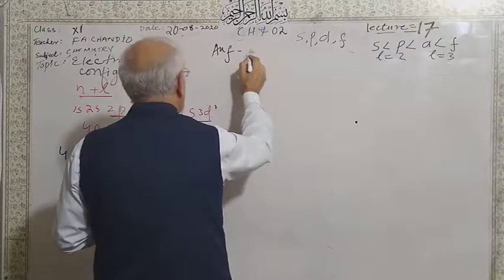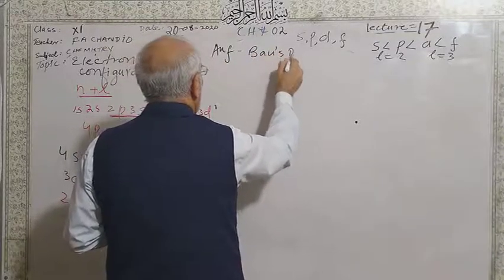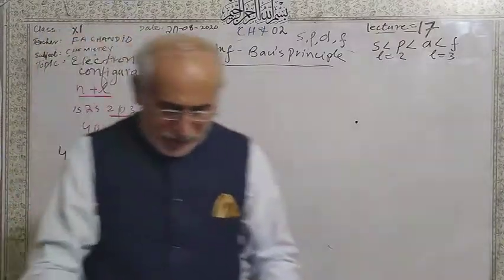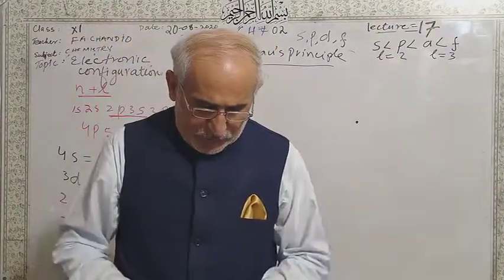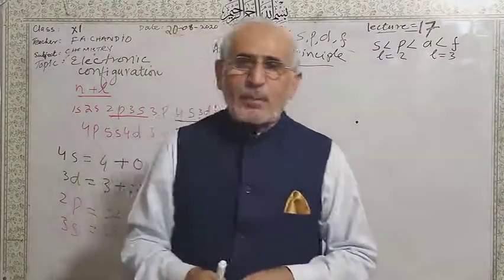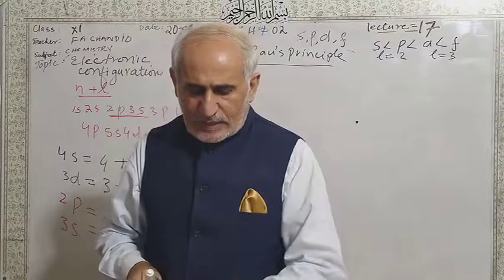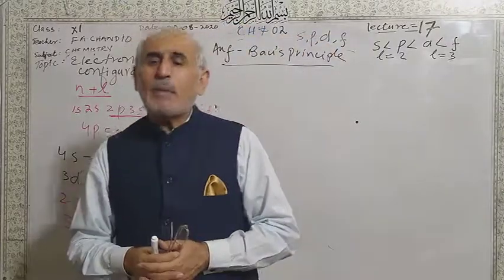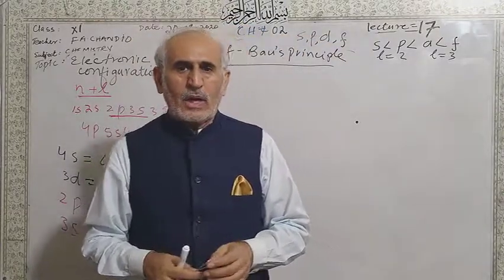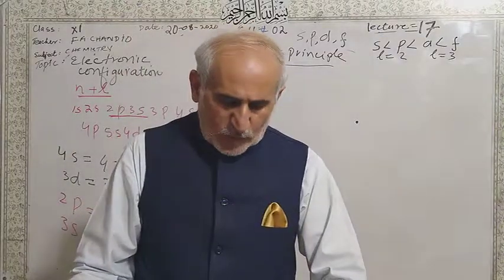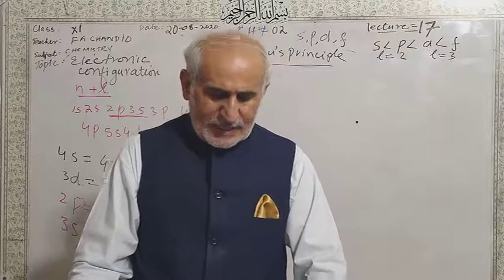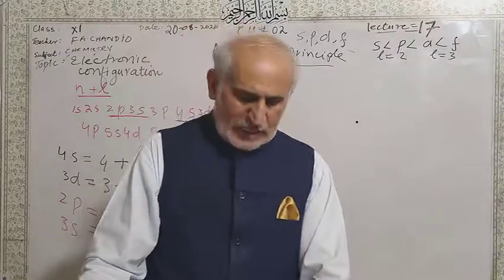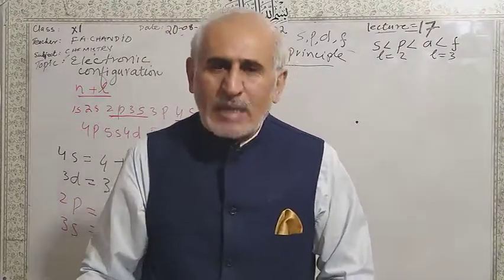According to the Aufbau principle, the electrons are placed in energy sub-levels in the order of increasing energy values of the sub-levels.